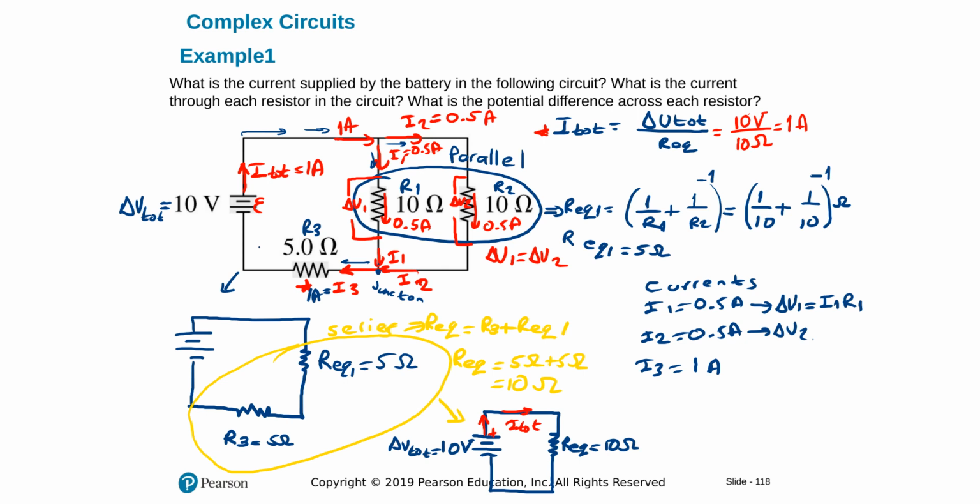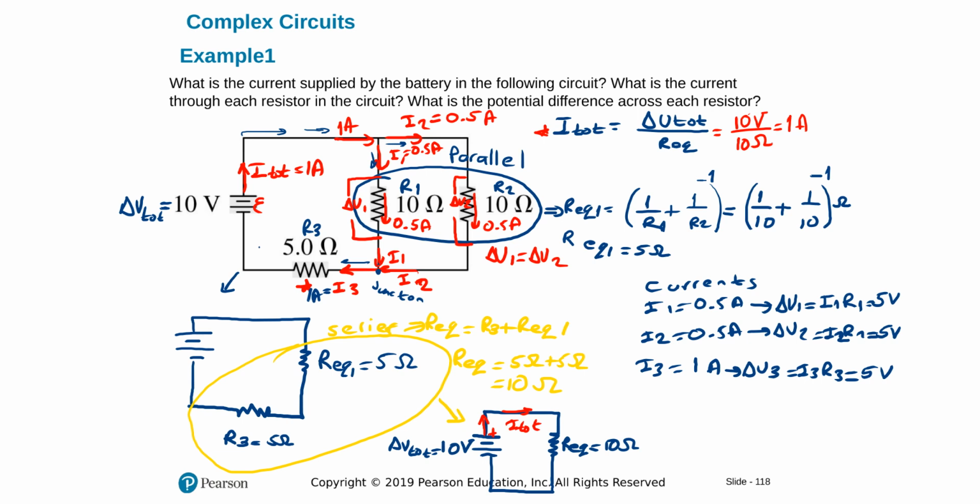Delta V2 is equal to I2 R2. Same I, same R, results will be the same here. And delta V3 is equal to I3 R3. These are 0.5 times 10, so 5 volt here, the same there, and 5 volt here, 1 ampere, 5 ohms.